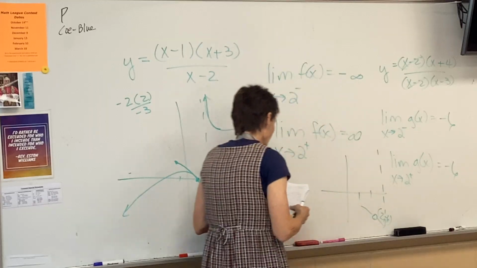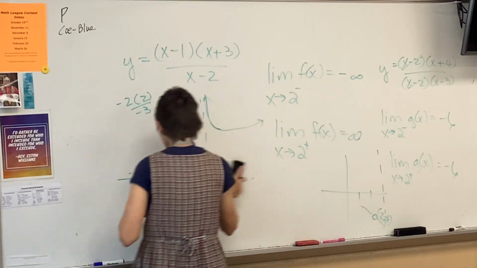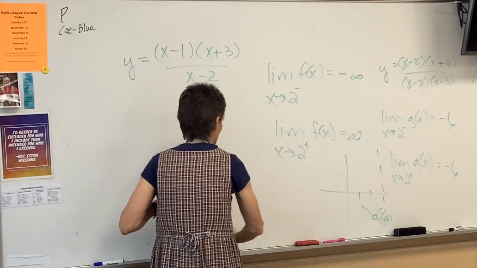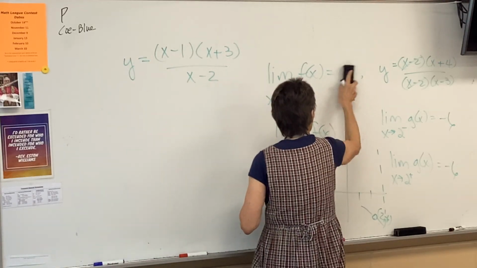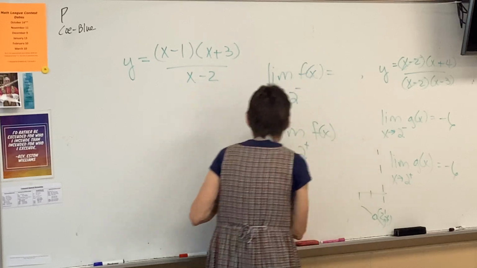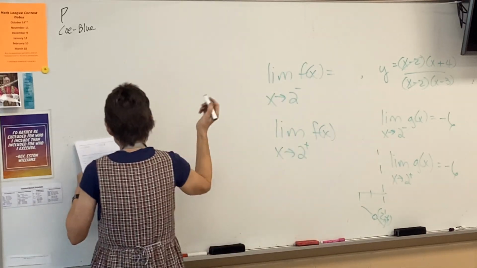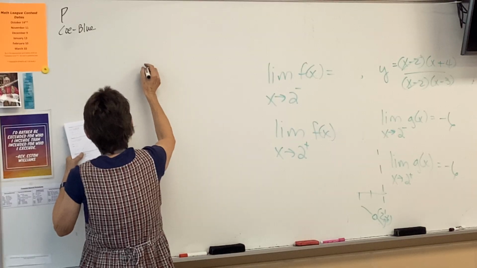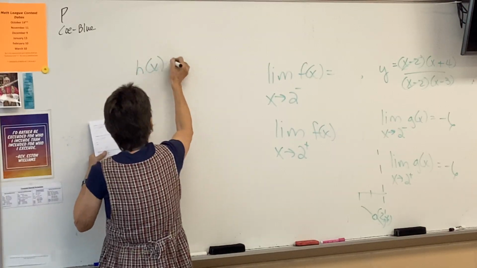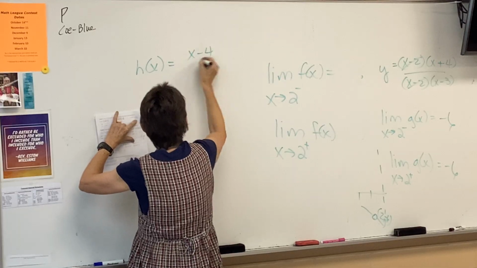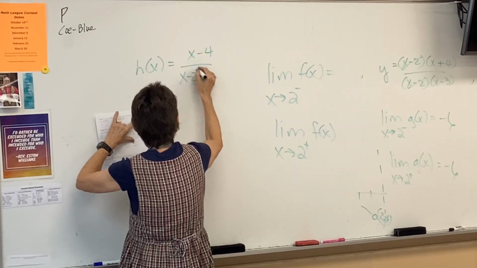All right. What about C? Did you get anything for C? Is there an asymptote or a hole at 2 for problem C? At 2, we're actually gonna have an asymptote, aren't we?